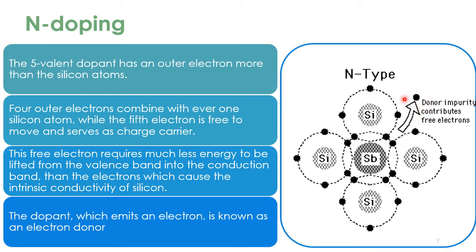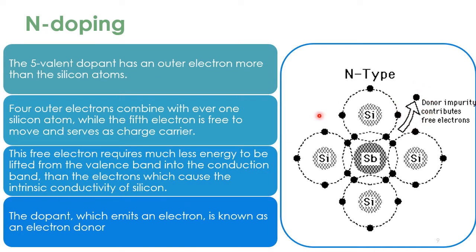This free electron requires much less energy to be lifted from the valence band into the conduction band than the electrons that cause the intrinsic conductivity of silicon. Much less energy is required to lift it from the valence band, and that's why it can be used as the carrier of electricity.